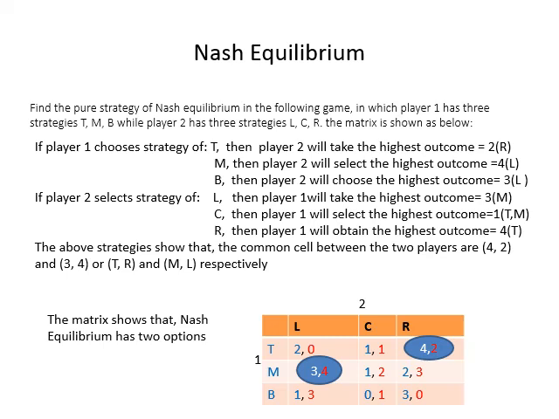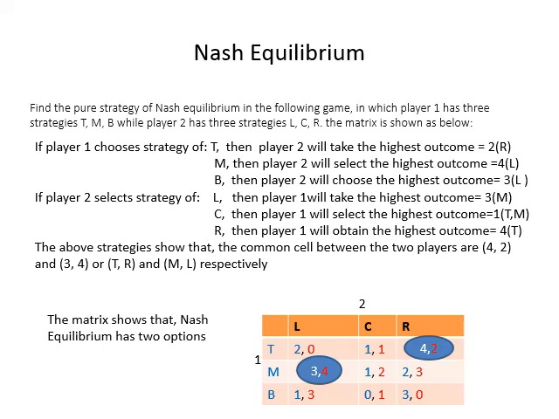If player 2 selects the R strategy, player 1 either selects 4, 2 or 3, but the best outcome is 4.